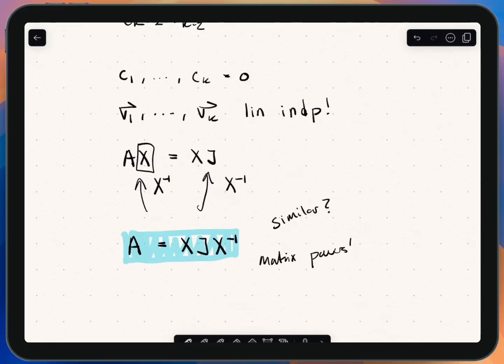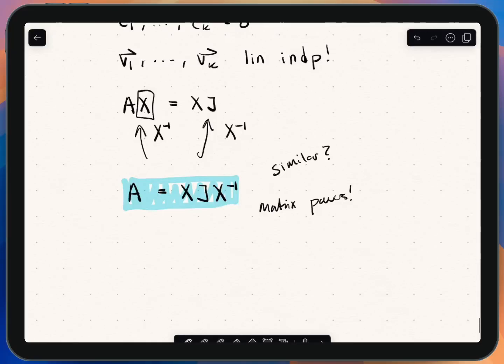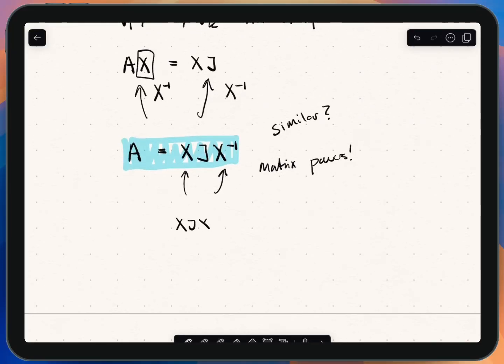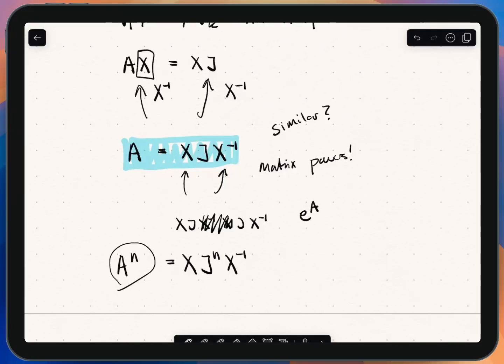All of those things would come into play, because when we have this nice XX inverse, we know that if we chain them, these things will cancel. So we know that A to the n is going to be XJ to the n X inverse. And this will allow us to more effectively take matrix powers. We can take e to the A more efficiently. We can take A to the n more efficiently.